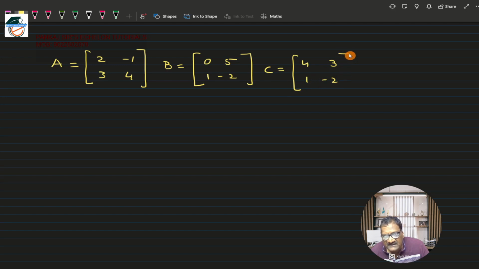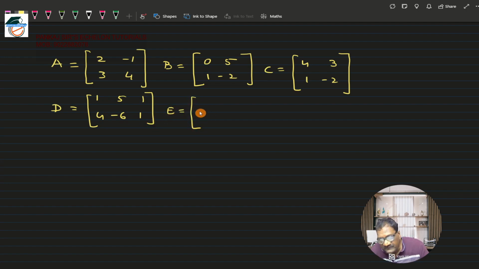Now D is a matrix which is 1, 5, 1, 4, minus 6 and 1. Your E is 1, 0, minus 1, 1, 2 and 5. This is your matrix E.